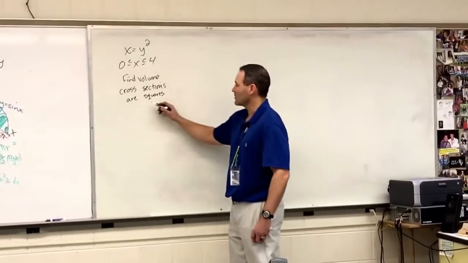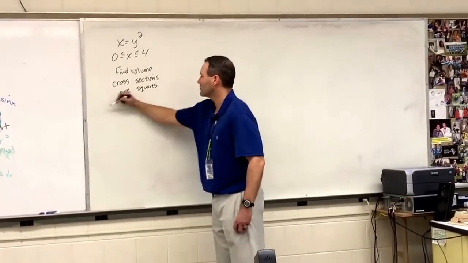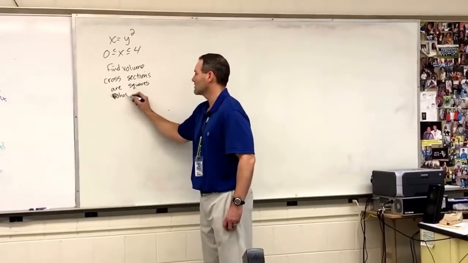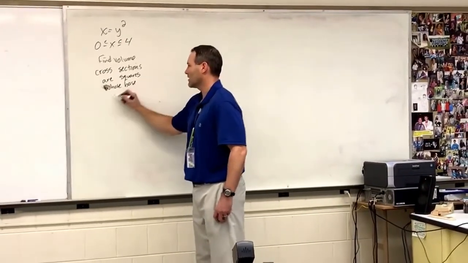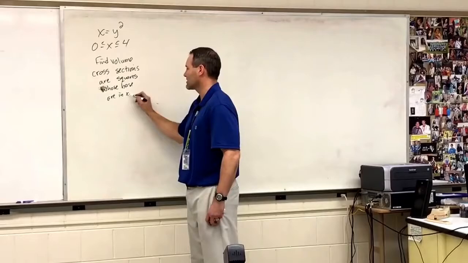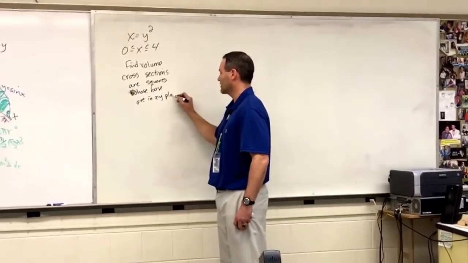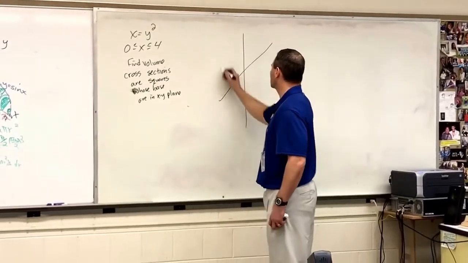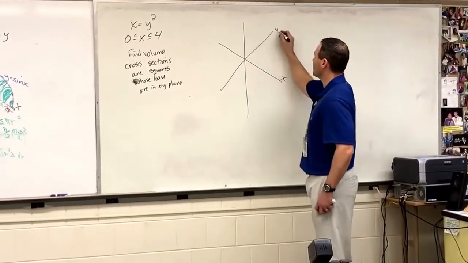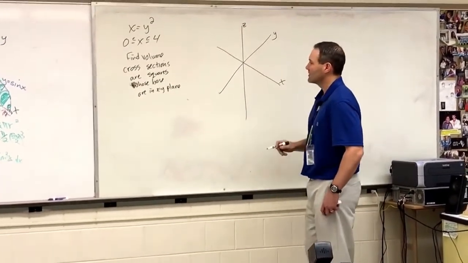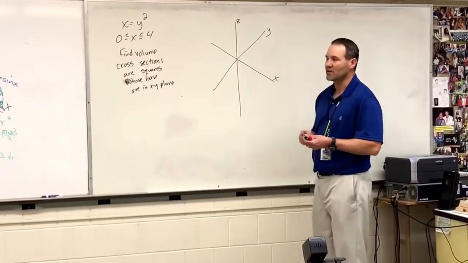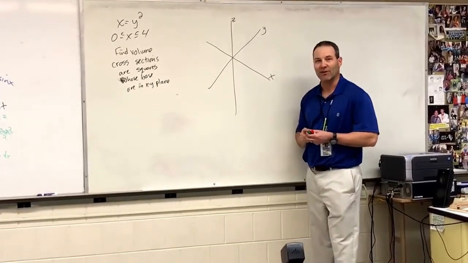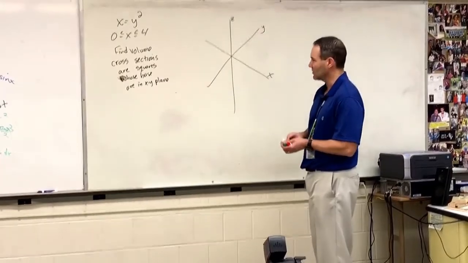Okay, so the squares whose base are in the x, y plane. I'm going to draw this one for you too. This is the only type of problem that I graph in 3 dimensions if it makes it feel better.